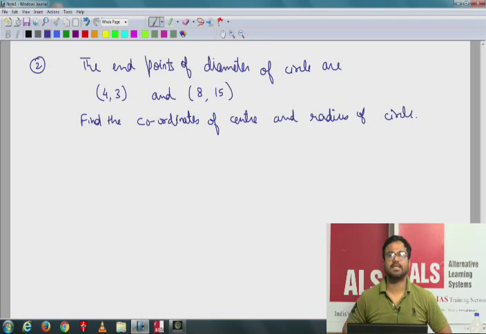So you should know that the center of the circle is equidistant from the end points of the diameter. So by the section formula, the special case of the section formula, the midpoint formula. Okay, the hint is over here. Suppose there is a circle.